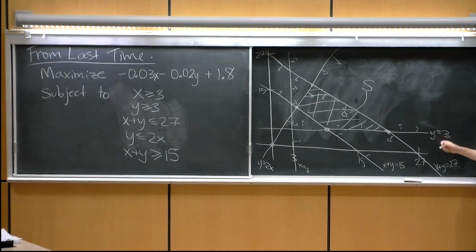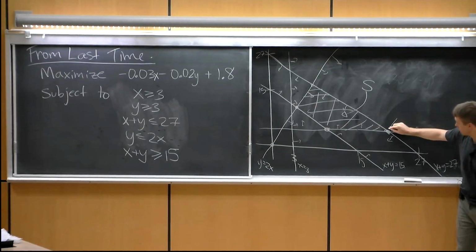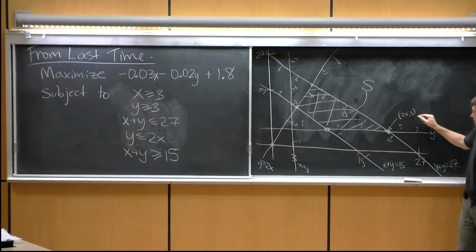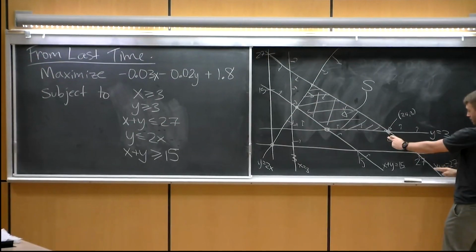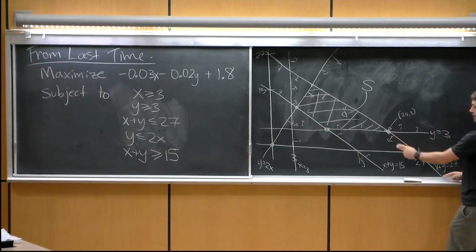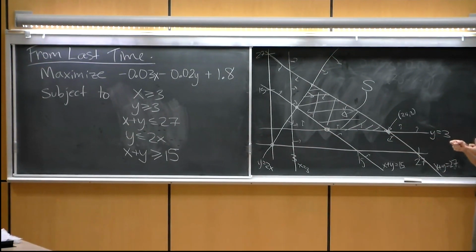If y is equal to 3 and x plus y is 27, then x must be 24. So this corner has got to be 24, comma 3. To say that again, this is the point that's on the line y equals 3 and on the line x plus y equals 27. If x plus y is 27 and y is 3, then x has to be 24. So that gives me that point.